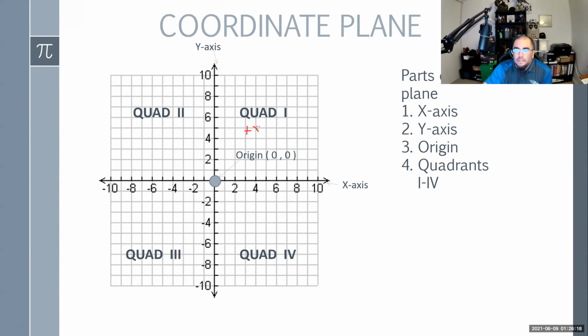Positive x, positive y, negative x, positive y, negative x, negative y, and positive x, negative y for the quadrants. So quadrants 1 through 4 are kind of important. That'll actually kind of play in the fact when we start talking about quadrants of the abdomen as well. It's not that far disassociated when you think about it.